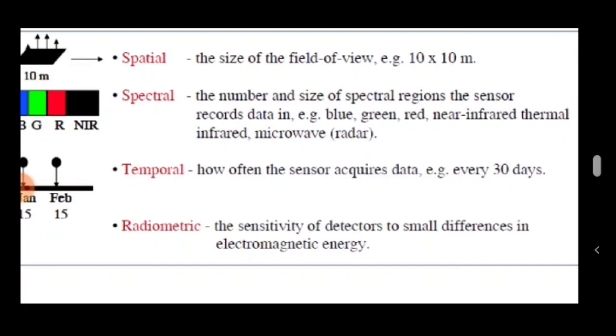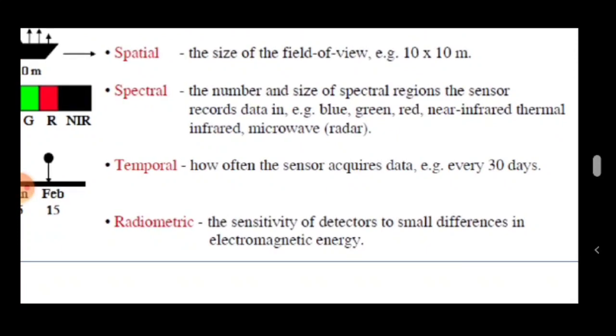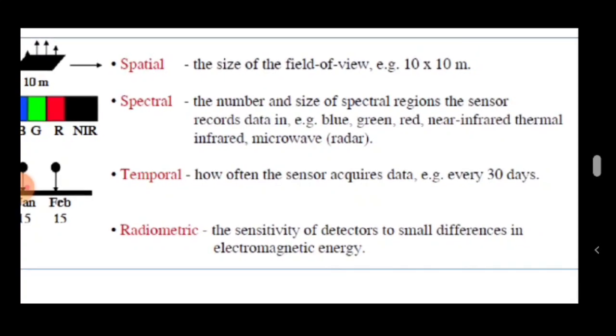Spectral resolution refers to the number and size of spectral regions in which the sensor records data. For example, blue, green, red, or near infrared: which wavelength region of the electromagnetic spectrum the image belongs to.